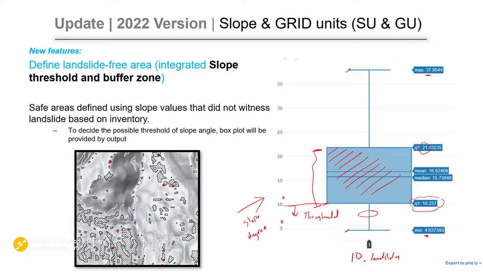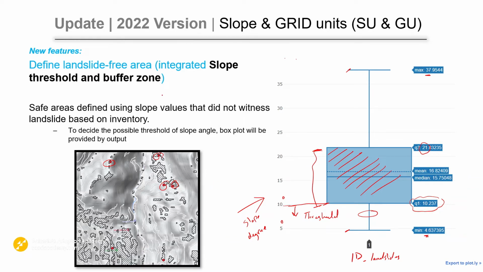All the inventories that you find, even about your study area, might go back 50 or 100 years. But what about before 100 years? Are you sure that this area didn't witness landslides? So when you take the buffer around these regions, it doesn't mean that the area outside of the buffer is safe, because this just depends on the inventory.